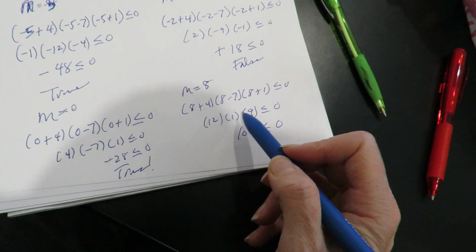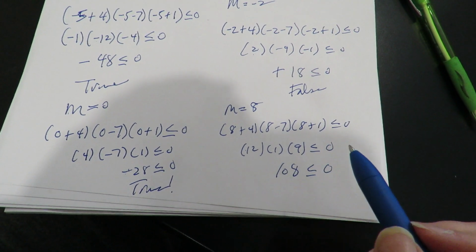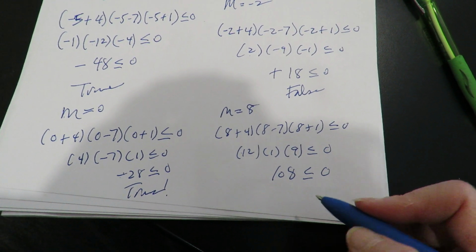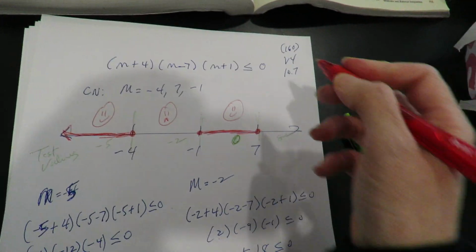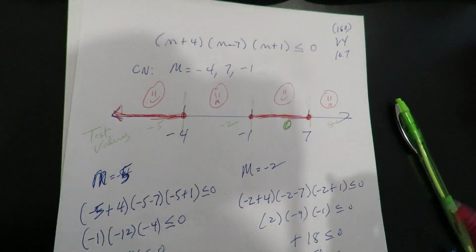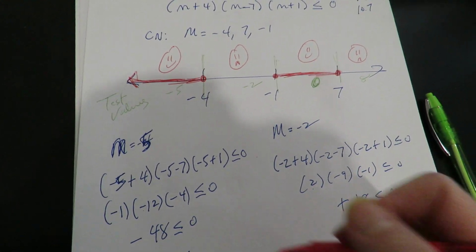Okay, so positive times a positive times a positive is positive. 12 times 1 times 9 is 108. That is not less than 0. This guy's unhappy.